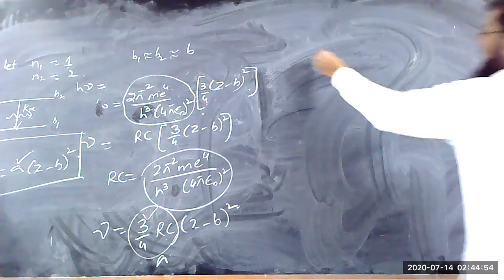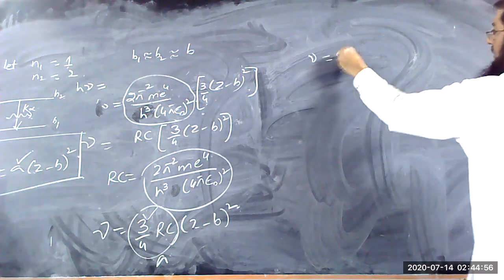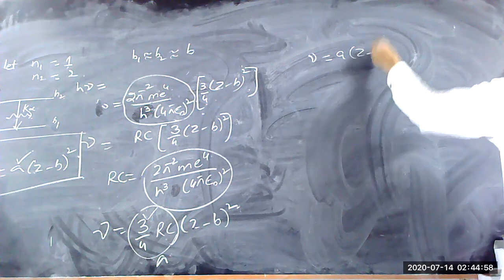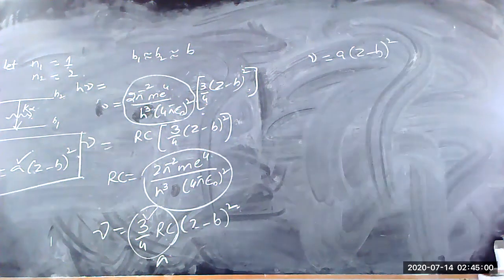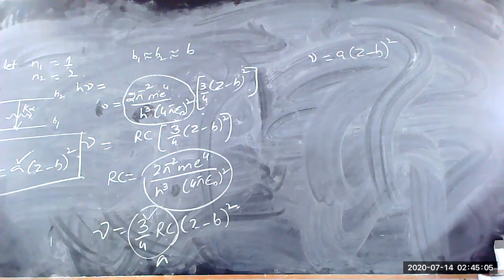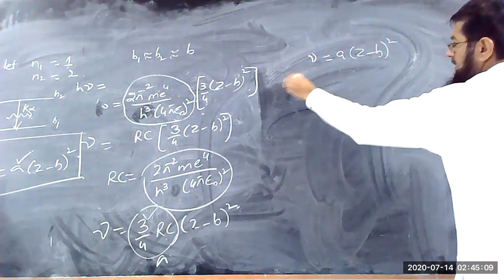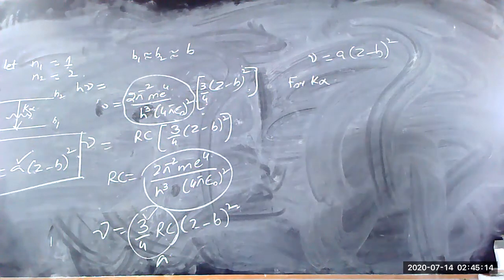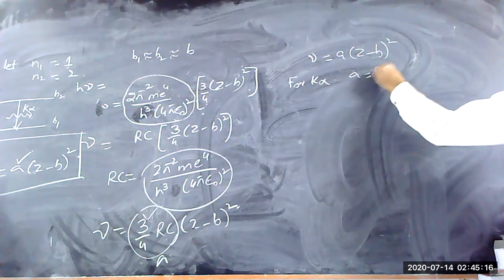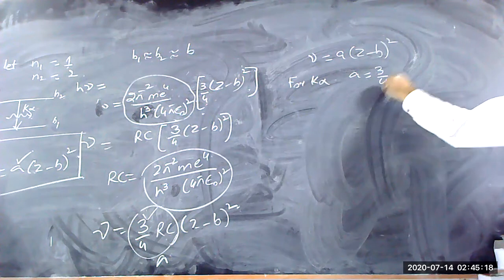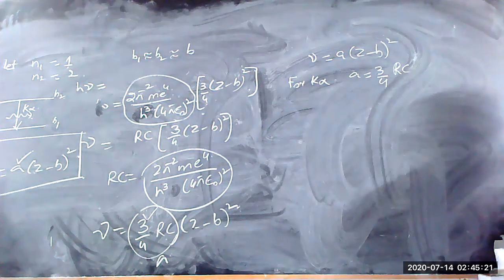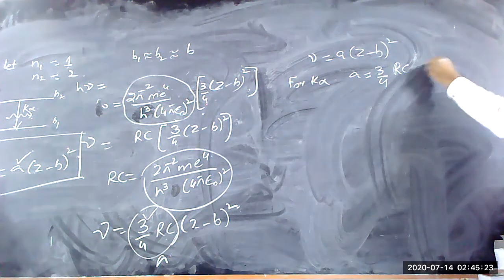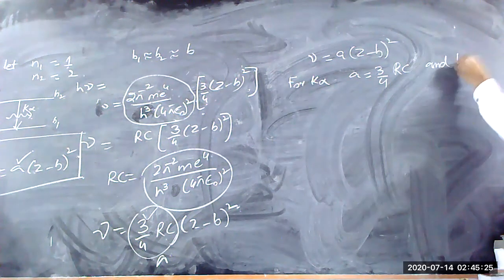Here nu is equal to A (Z minus b) whole square. This is the Moseley law. The frequency is depending upon the Z number through this relation. For example, for K alpha line, A is equal to 3 upon 4 Rc, R is the Rydberg constant, and the screening constant B is 1.